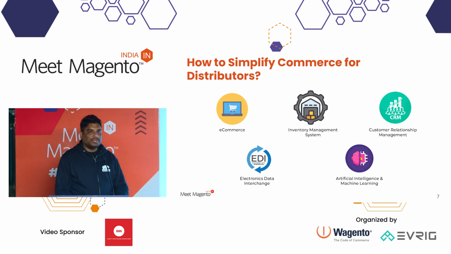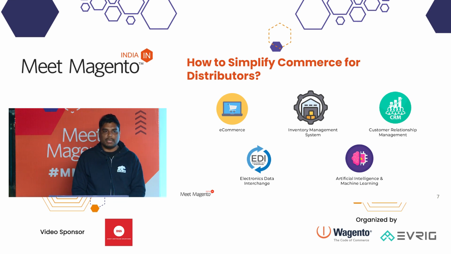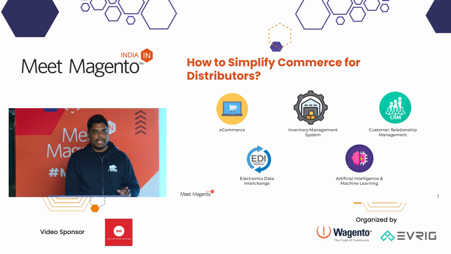So first, why do we need to simplify commerce for distributors? Based on the research, Amazon entered the B2B market in 2015. Within 3 years, they grew more than 100% in B2B. In 2018, they rose from 15 billion to 21 billion, and by the end of 2023 it's expected to be 31 billion.